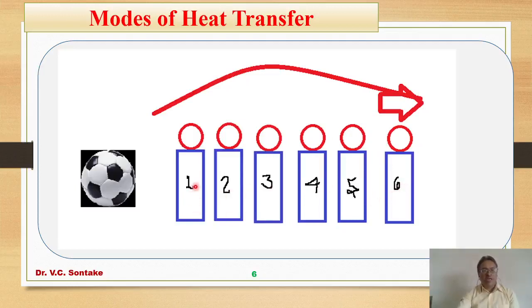So here the player or molecule 1, without moving from its place, has given the heat to its nearest molecule, and that process continued till the football or heat reached the farthest player or molecule.